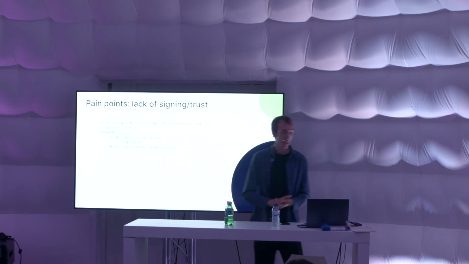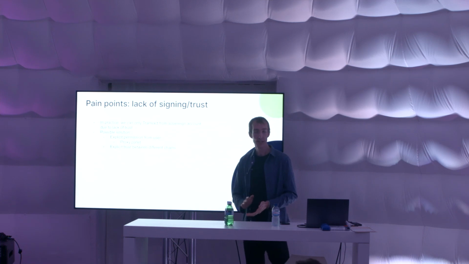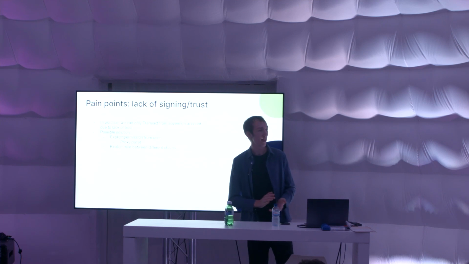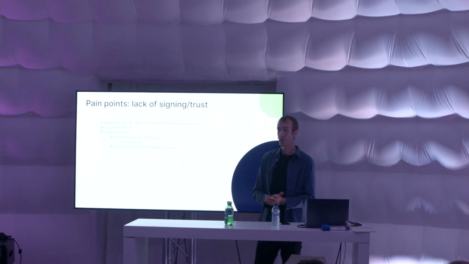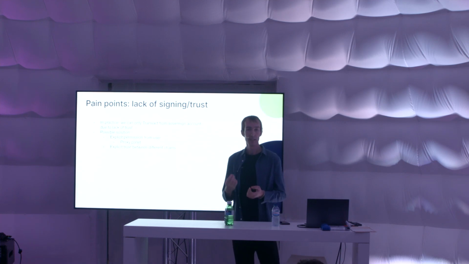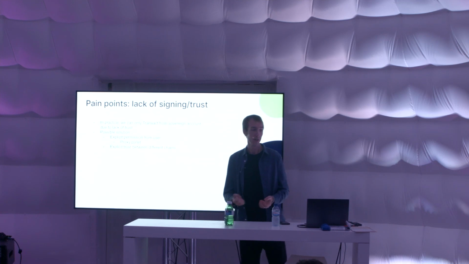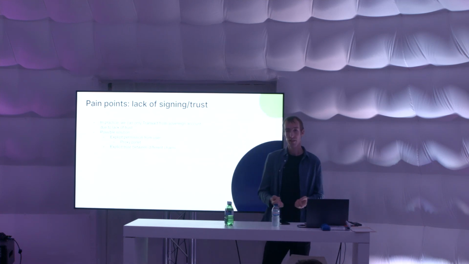All right, my last pain point is the lack of signing, or the lack of trust between parachains. The examples that I gave earlier about things that work well are sending messages on behalf of governance. So on the receiving chain, the origin will be the sovereign account of the sending chain.